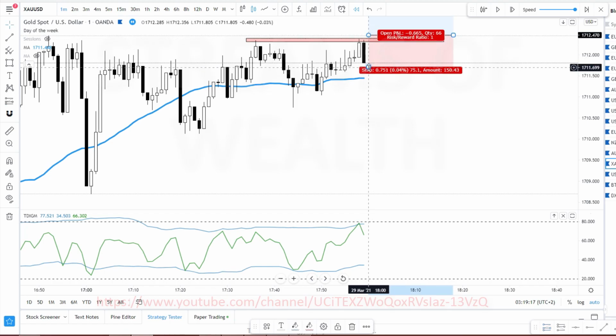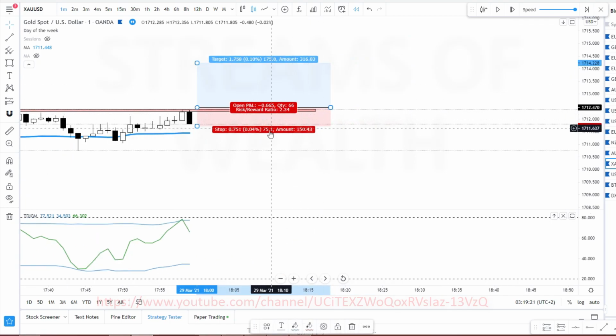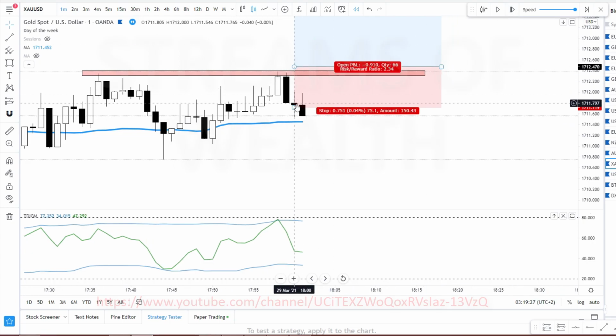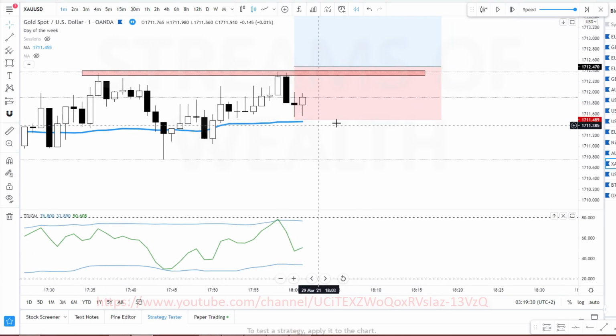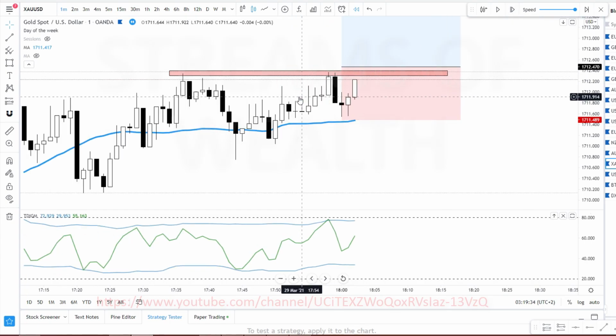So my pending order is already set, meaning when the price breaks this, my trade is activated, and my stops would be maybe bigger, because you can put your stops below the 50 moving average or below the latest market structure.